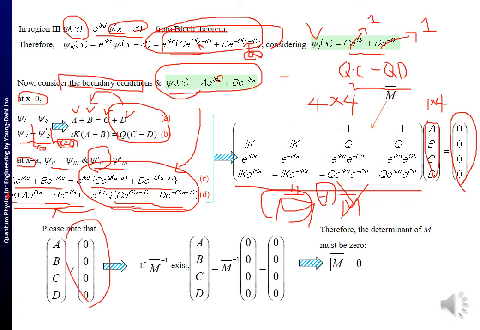So the inverse matrix should not exist. Therefore, the determinant of M must be 0.